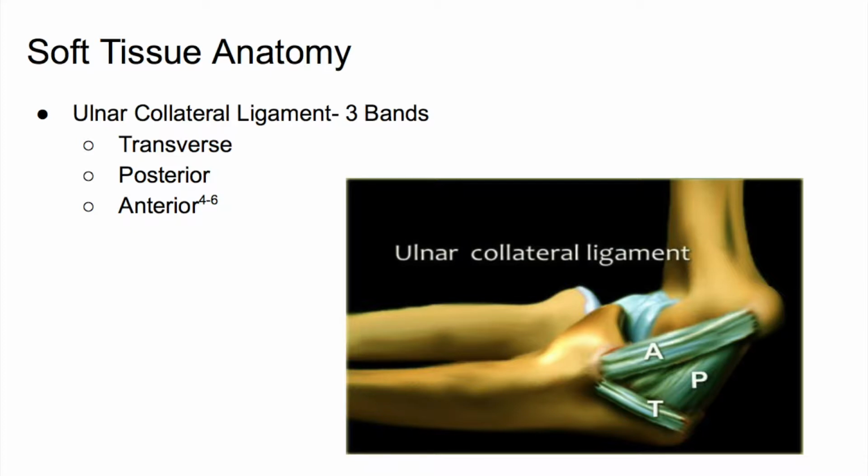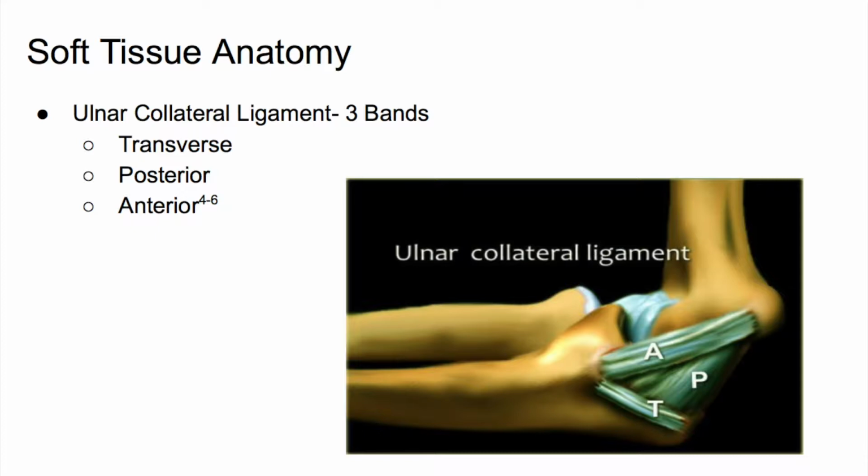The anterior bundle is comprised of two subdivided bands, anterior and posterior. The anterior band is the primary restraint to valgus stress up to 90 degrees of flexion, while the posterior band is more important as a stabilizer with flexion beyond 90 degrees.